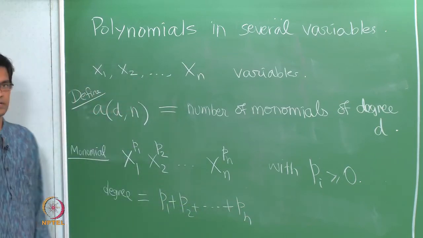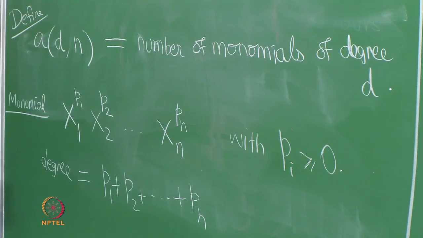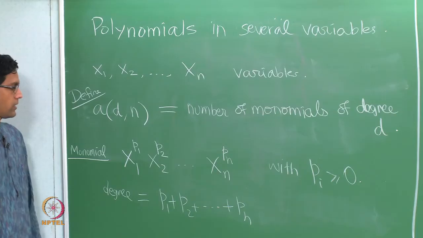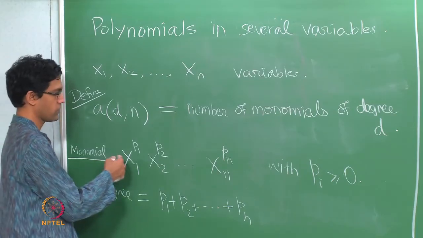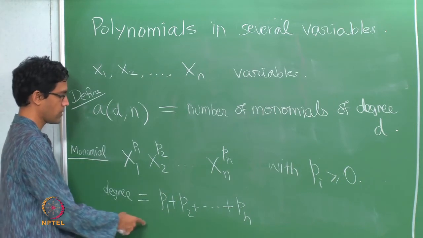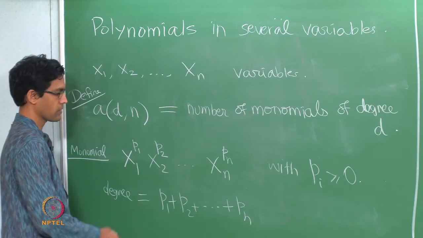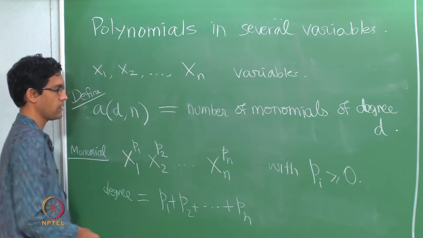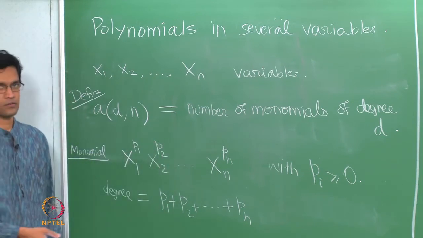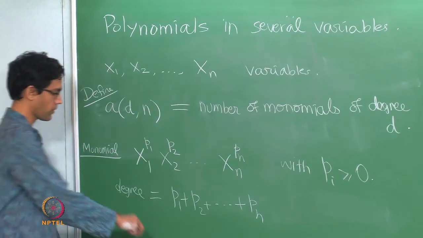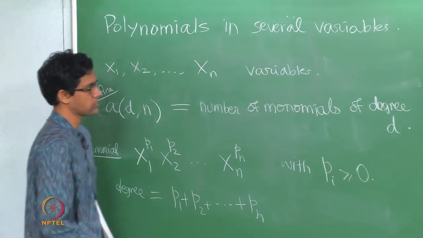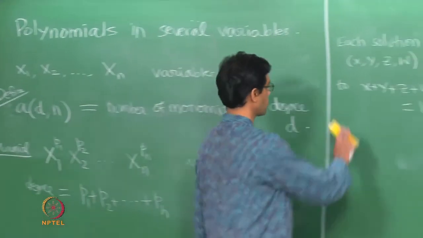So the problem that we looked at earlier of trying to count the number of monomials of degree d translates into the following: find the number of solutions to the equation p1 plus p2 plus p3 till pn equals d, where all the pi's have to be non-negative integers. Observe that is exactly the general problem 2.